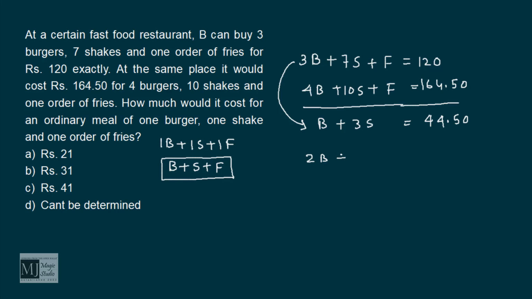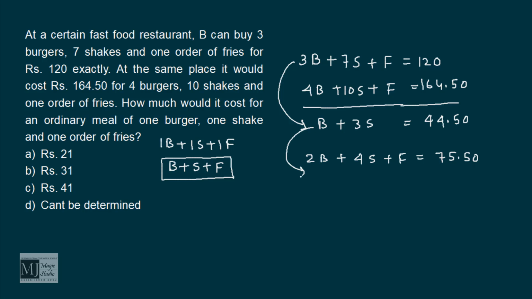I'll have 2B, that is 3B minus B is 2B, 7S minus 3S is 4S, plus F equals 120 minus 44.50. 120, 20 gone, 24.50, so it would be 75.50. Bingo. We have 2 burgers, 4S plus F for 75.50.